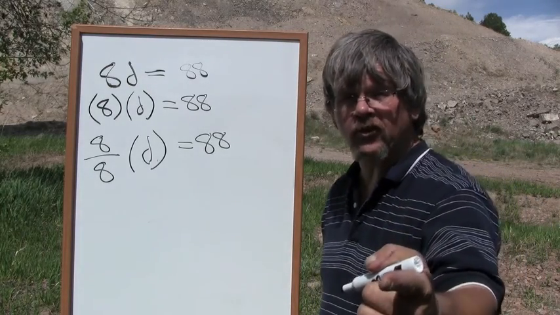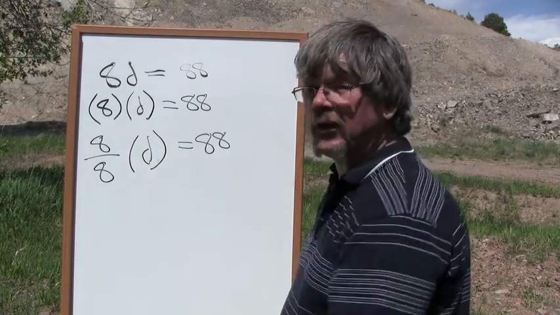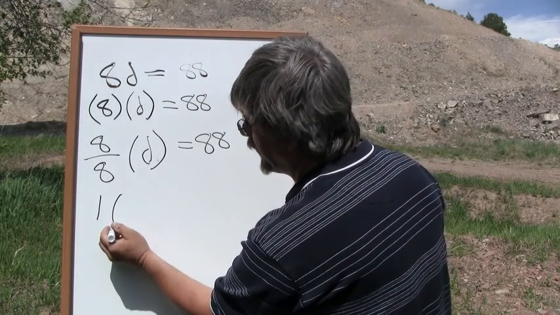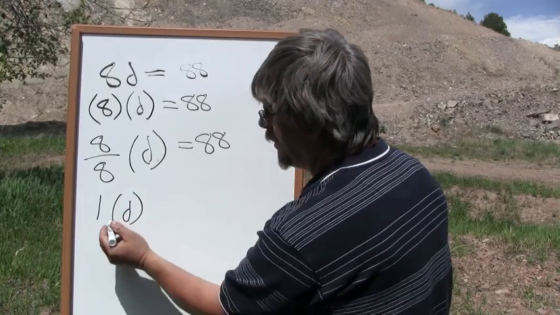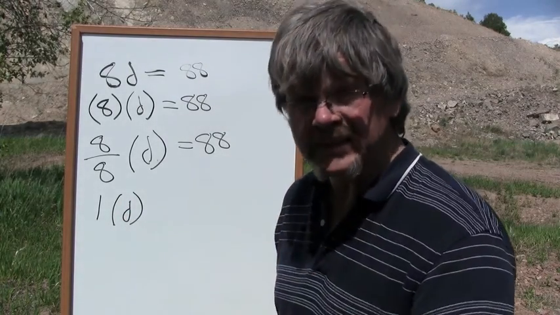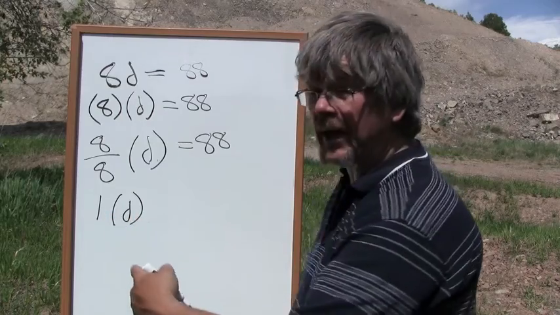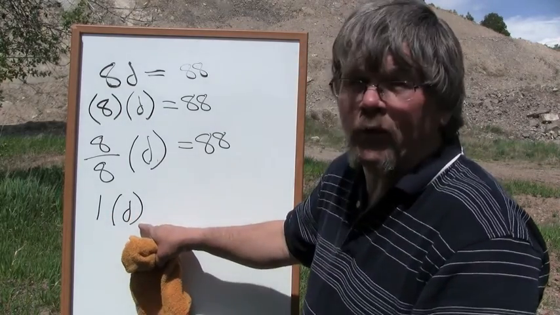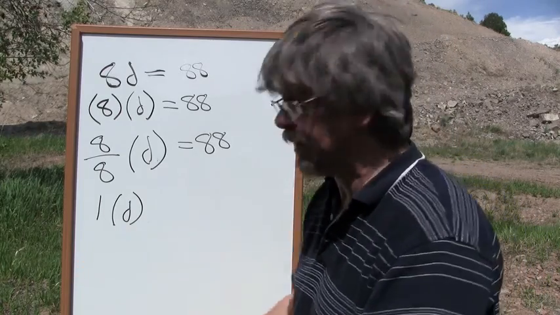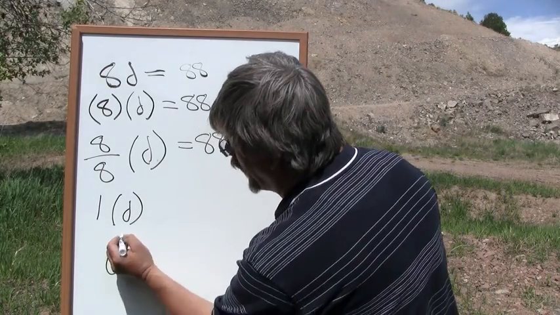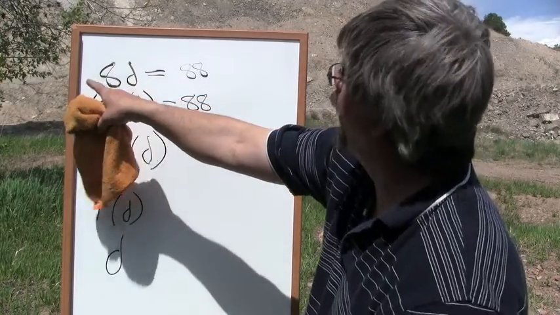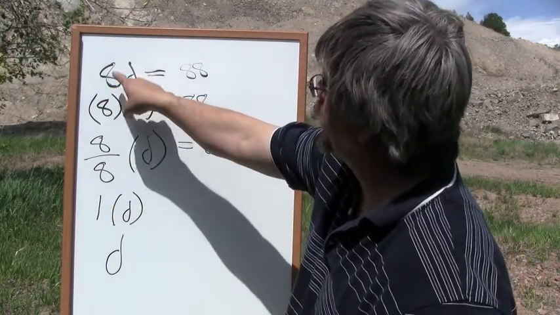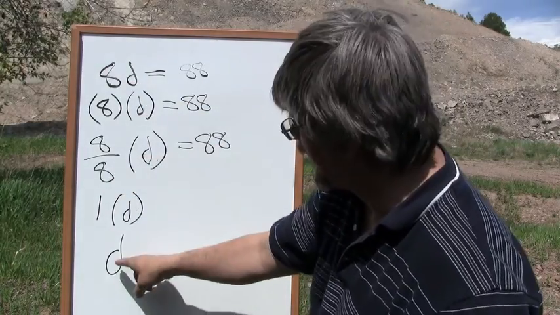Now, remember I just showed you, 8 over 8 goes to 1 times d, which is simply d. Any number multiplied by 1 is just that number. We don't know the value of this yet, so we're just going to say it's d. So it's d all by itself. It's been isolated. It's no longer 8d. I've been able to isolate it. The multiplication, I divided and isolated the d.